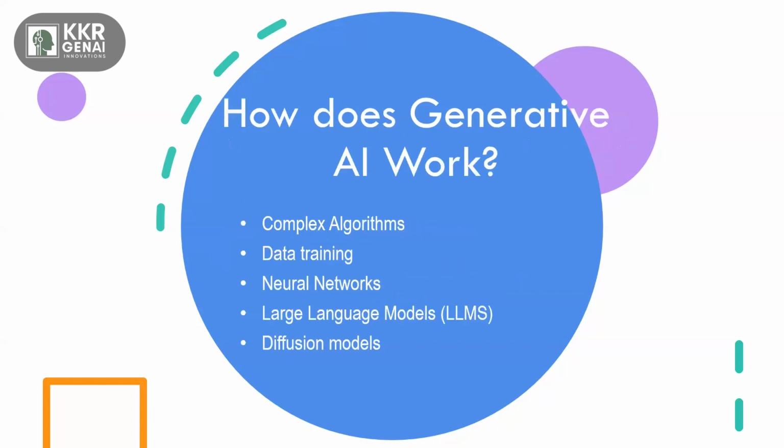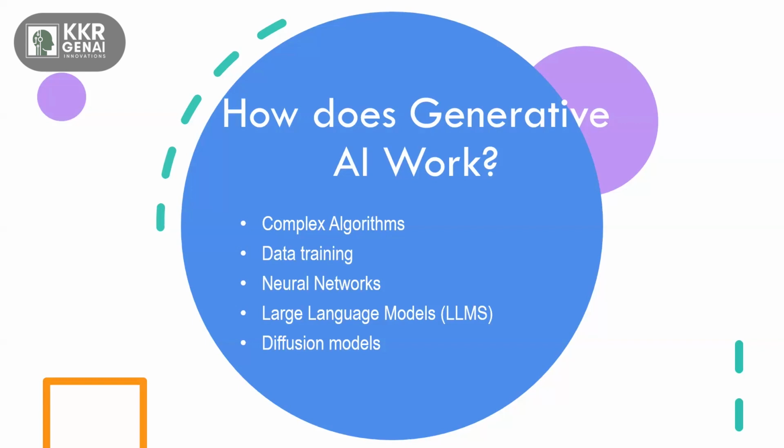So now, how does generative AI work? I wouldn't go completely deep into it because Venkatesh has covered a lot of topics with us. But at the top level, the major role is performed by data training, right?